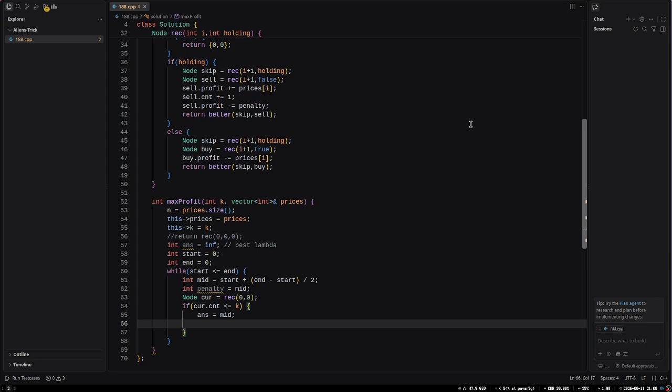But what am I trying to do? It's picking less than or equal to k, but I want to make it pick as much as k. I want it to be as close to k as possible.